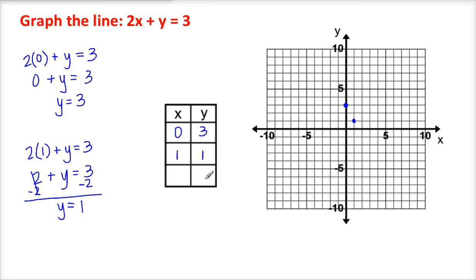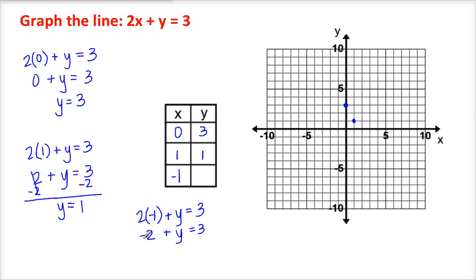Let's choose one more point. Let's do a negative this time, -1. -1 is small also, so I like it. This time a -1 for x, plus y equals 3. 2 times the -1 is -2, plus y equals 3. Now we're solving this for y.